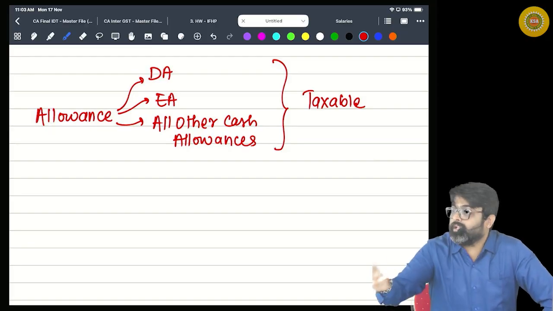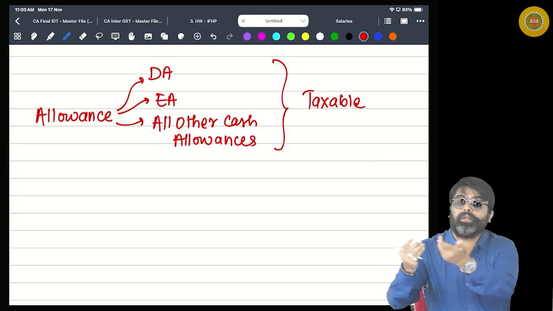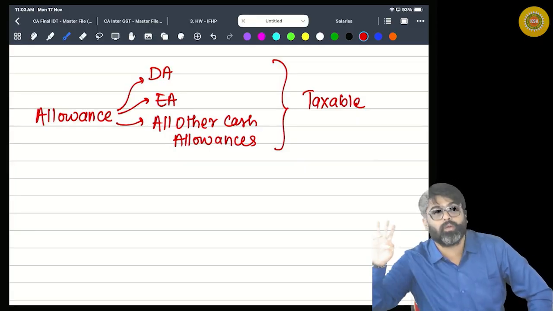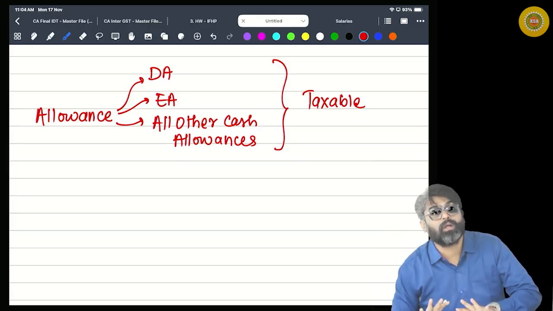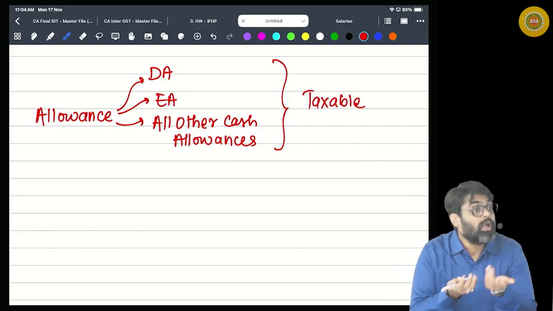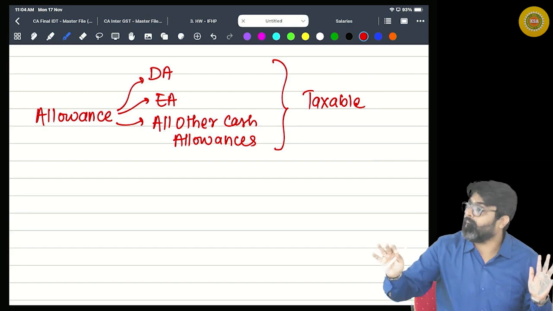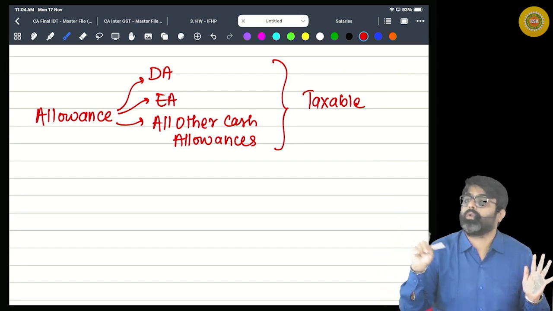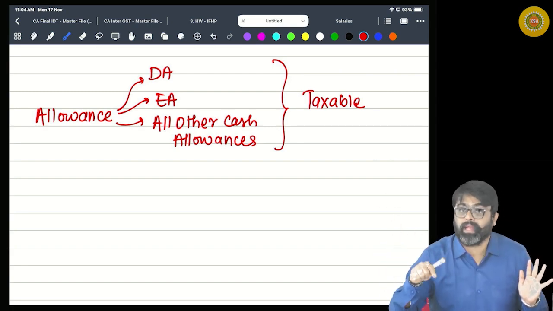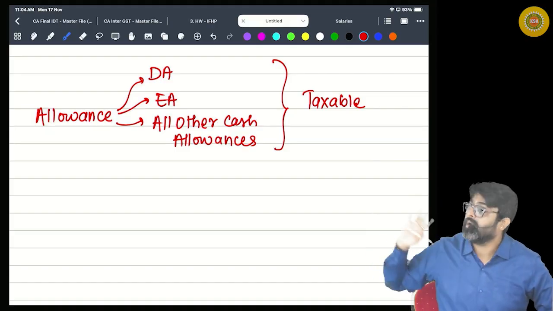The moment you see this allowance, first, fully taxable. Any amount spent out of these allowances, what will you do? Ignore. I am not bothered to check how much is spent out of this and how much is not spent. Yes or no? So any amount spent out of these allowances will not allow you to take any exemption or deduction. Ignore that amount. Yes or no?